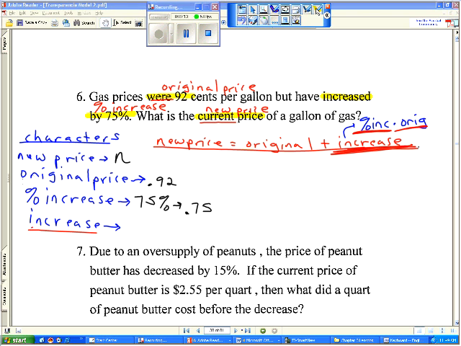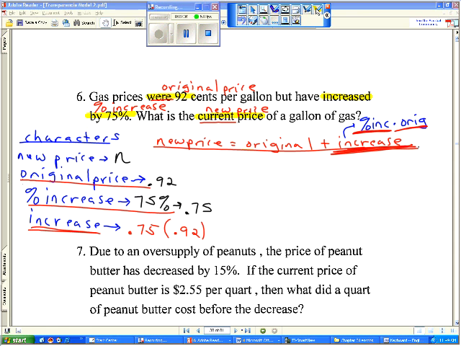So to find the increase, we take percent increase, 0.75, times the original, 0.92. And we'll leave it uncalculated because when we plug it in and get an equation, we want our equation to look like the tax test equation is going to look, right?